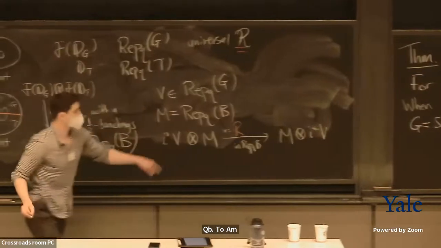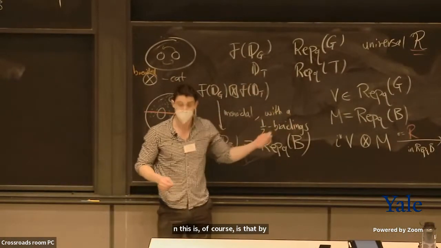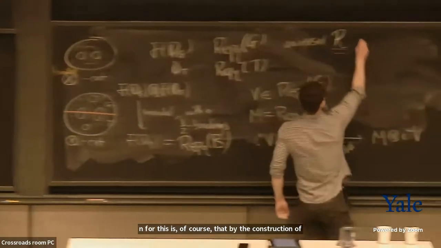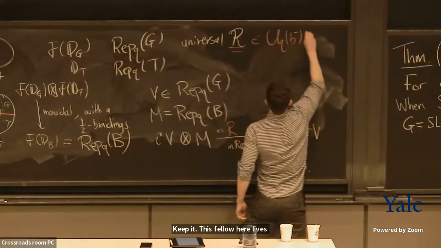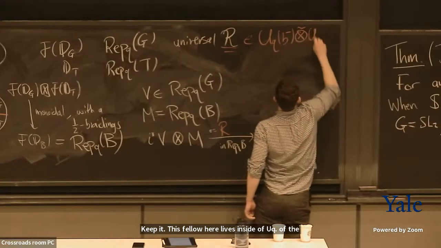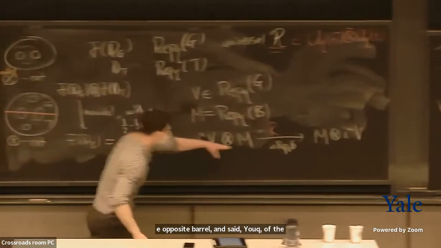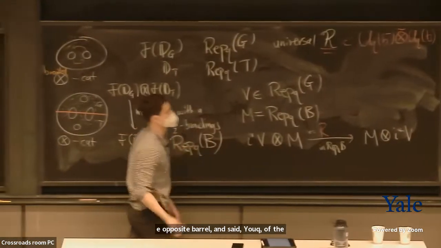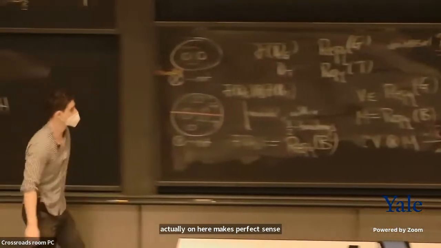The reason for this is, of course, that by the construction of U_q(g) as the Drinfeld double of U_q(b), this R-matrix lives inside U_q of the opposite Borel tensored with U_q of the Borel. So its action here makes perfect sense, because U_q(b) knows how to act on a B-module.